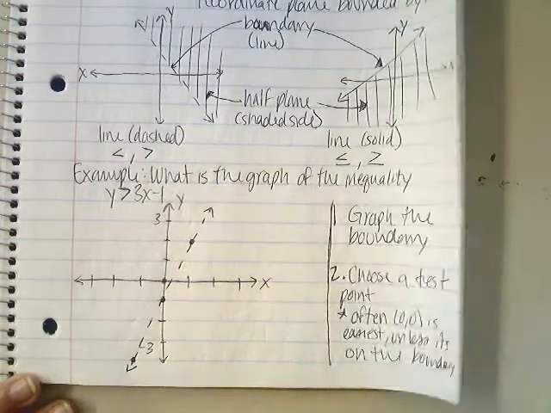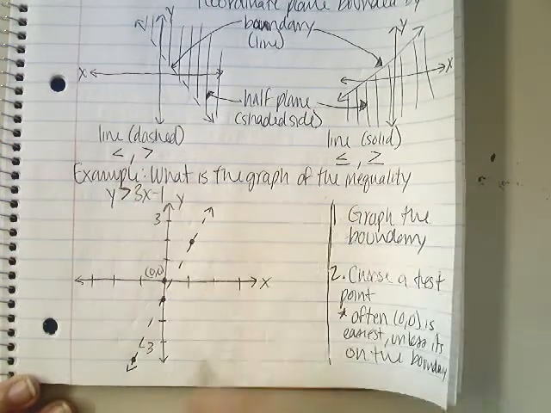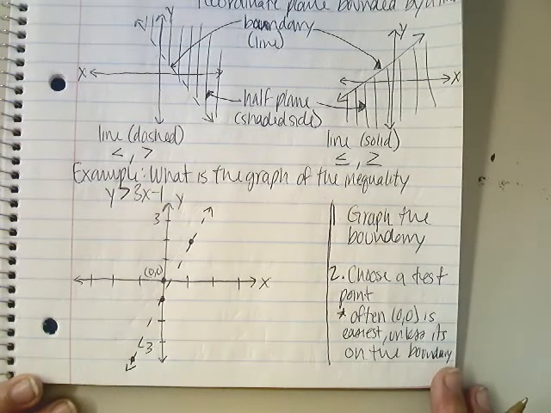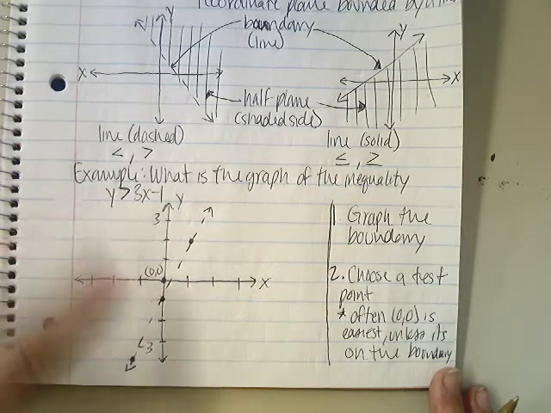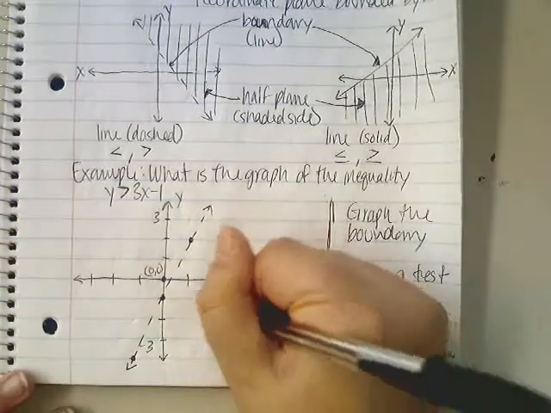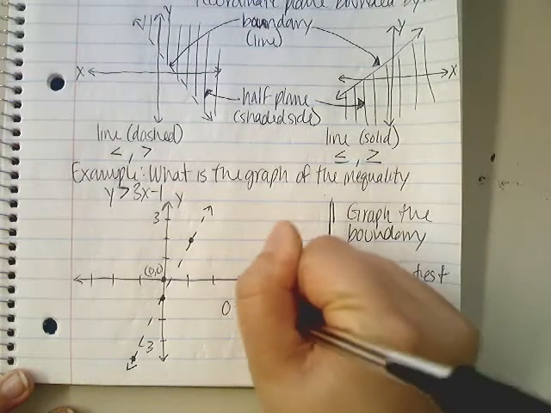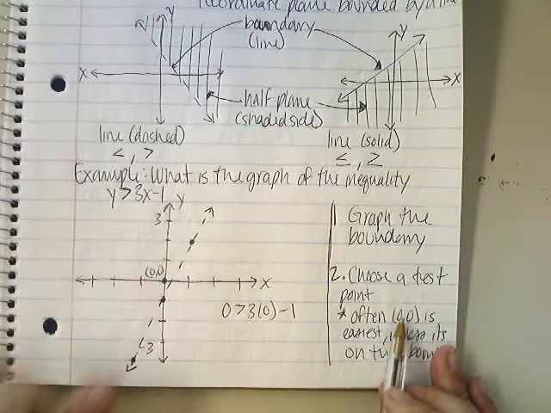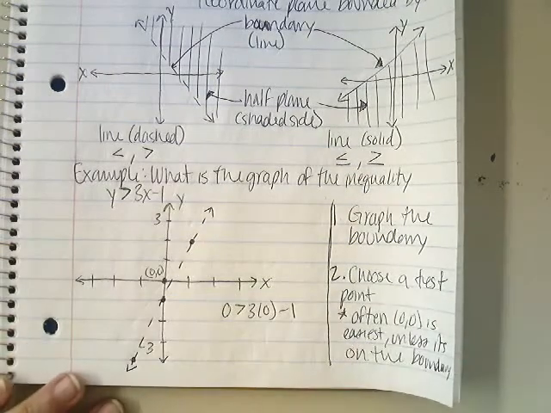So I know my point 0, 0 is right there. I'm going to plug it into my inequality to see if it holds true. If it checks out and it's true, then I'm going to shade the side that includes my test point. So I'm going to plug in 0 for y, and then 3 times 0 for x minus 1. So again, I'm just plugging in 0, 0 for x and y, and I'm calculating it out.